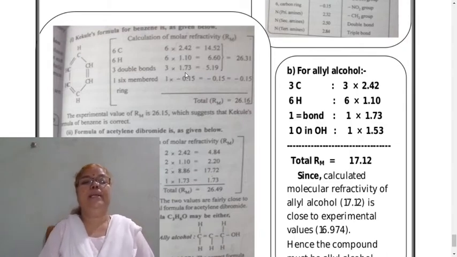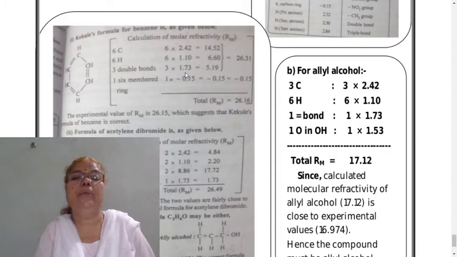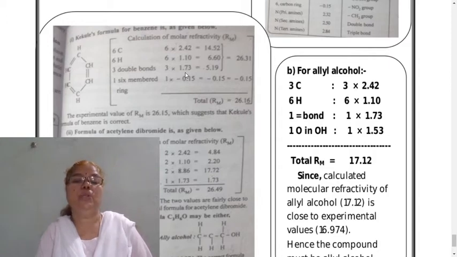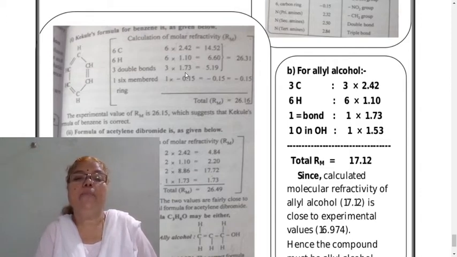Therefore 3 into 1.73 we get 5.19. And in benzene one 6-membered ring is there. Therefore the contribution of one 6-membered ring is minus 0.15 and 1 into minus 0.15 is equal to minus 0.15.